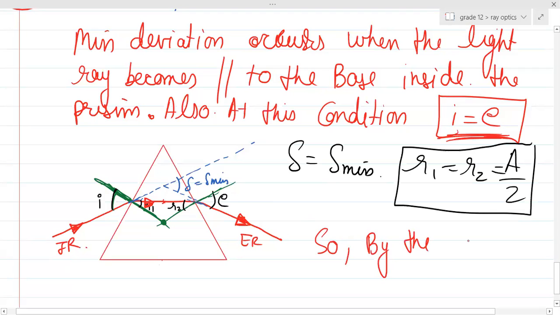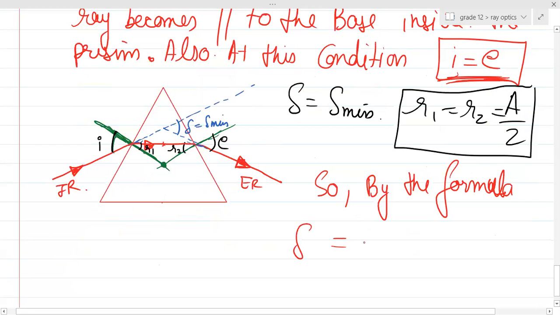So by the formula, can we write the deviation angle formula? Anyone remember the deviation angle? Delta will be equal to I plus E minus A, right? Yes or no? Yes, sir.